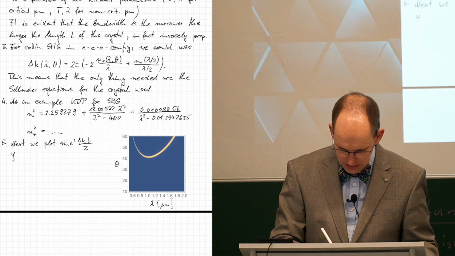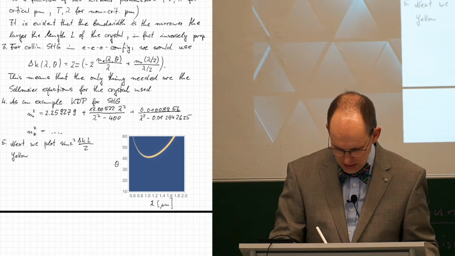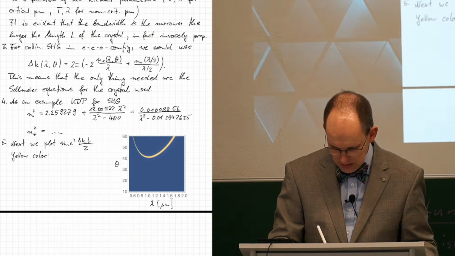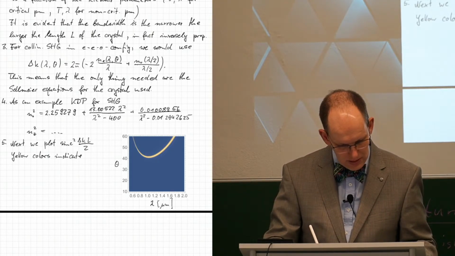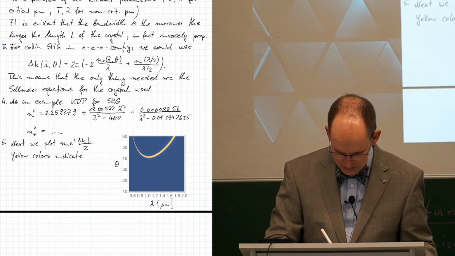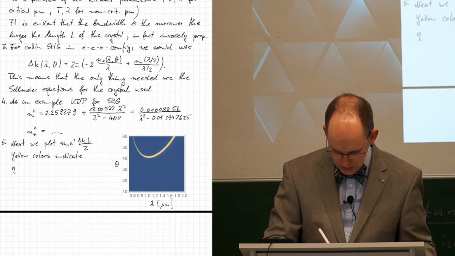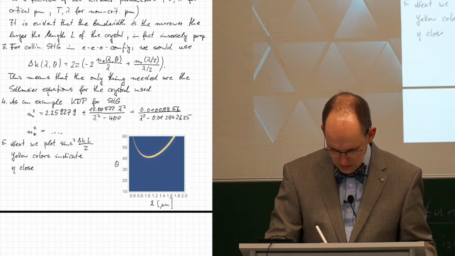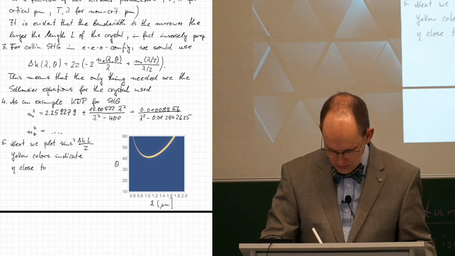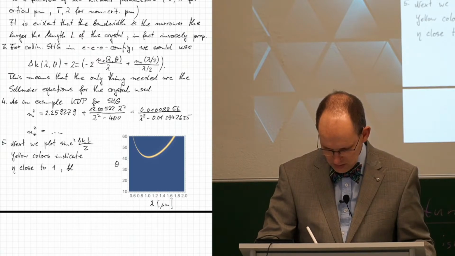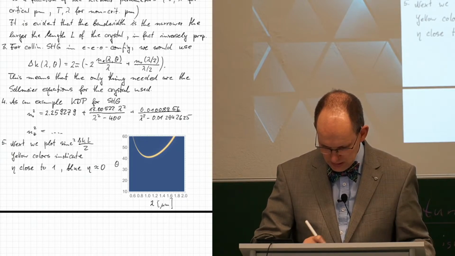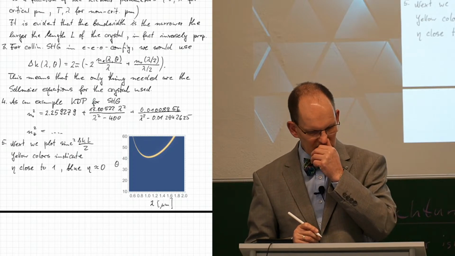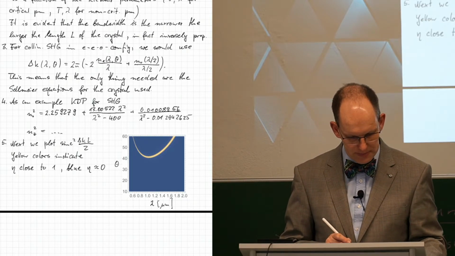So yellow colors indicate efficiency close to 1. Blue, for blue eta, so the efficiency is close to 0.